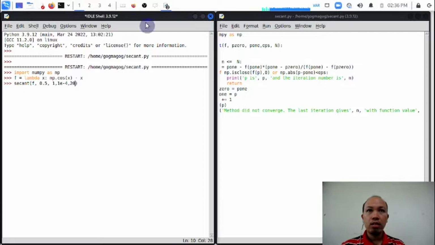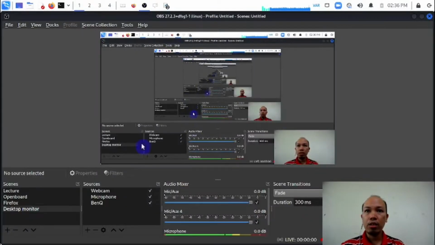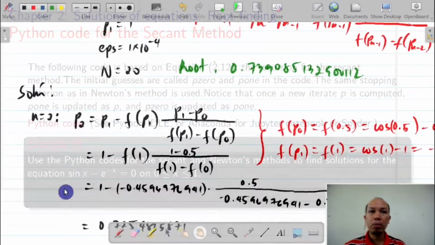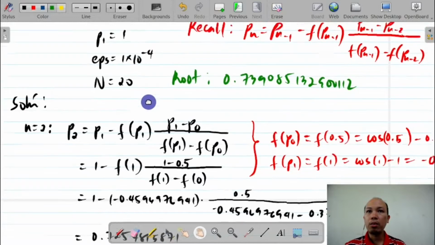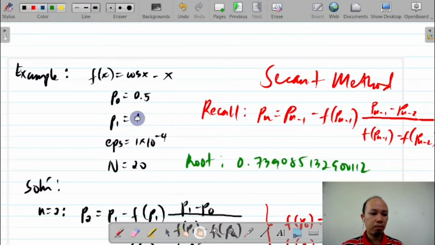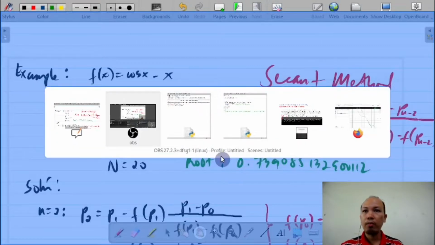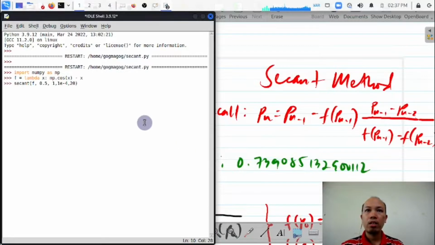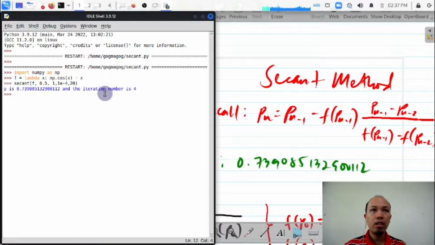Okay, so if you look at our open board, we have here this one. Okay, so our root is 0.739085132900112. So let's go back to our F, or this one here, then hit enter.